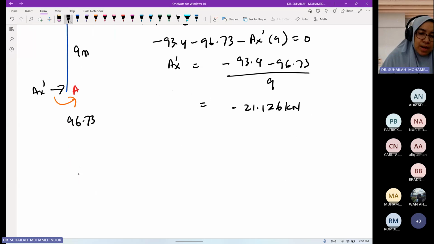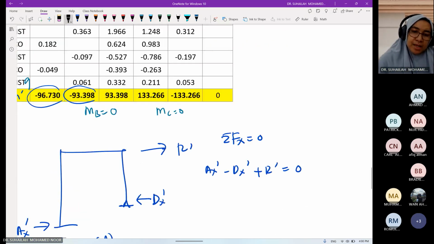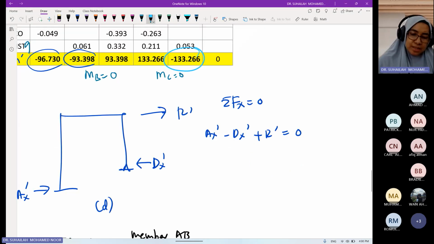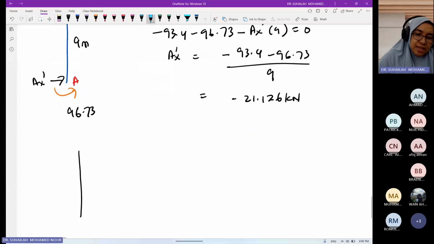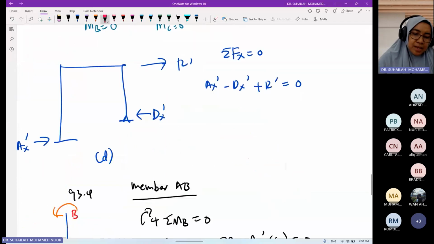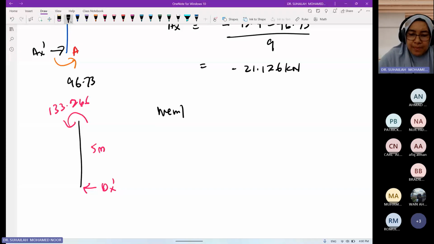Then CD pula. For CD we have ni, negative 133.266. Okay, DX prime. This is 5 meter. So yang ni member CD.